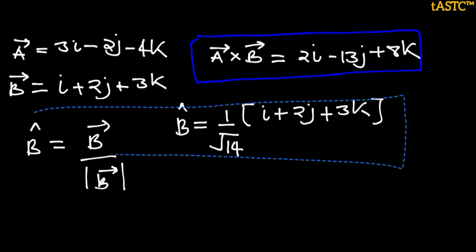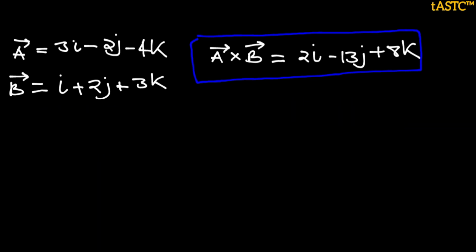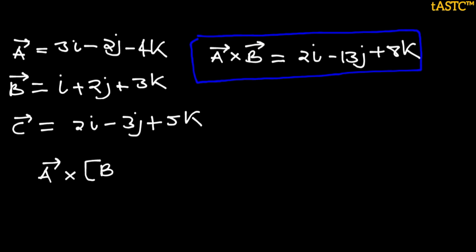Now finally we want to try out something. If you were given two vectors, vector a, and let us say you were given another vector c, equal to 2i minus 3j plus 5k, and you were required to find the direction cosines of a cross b cross c.